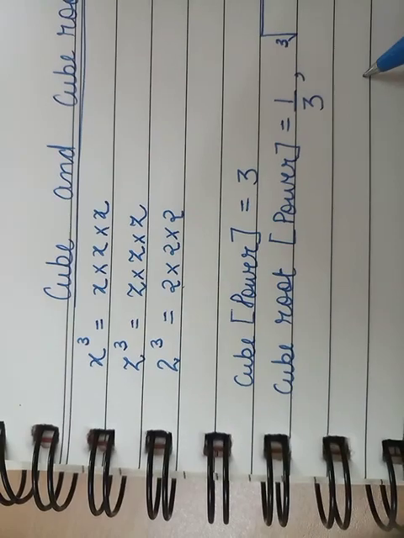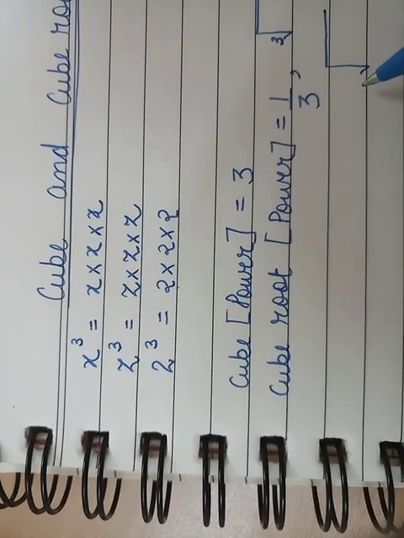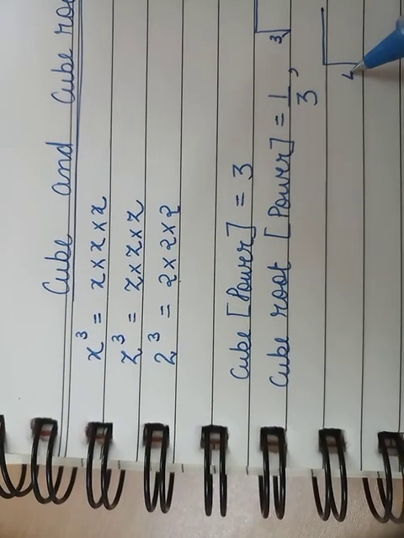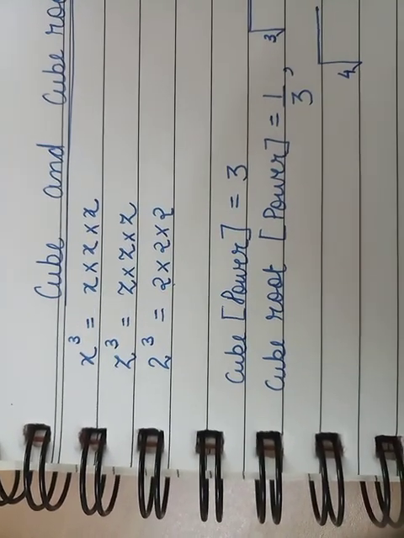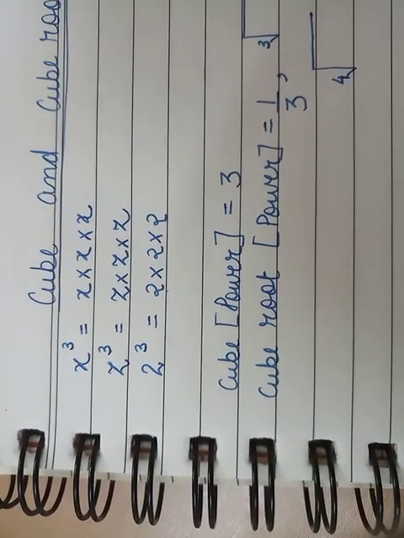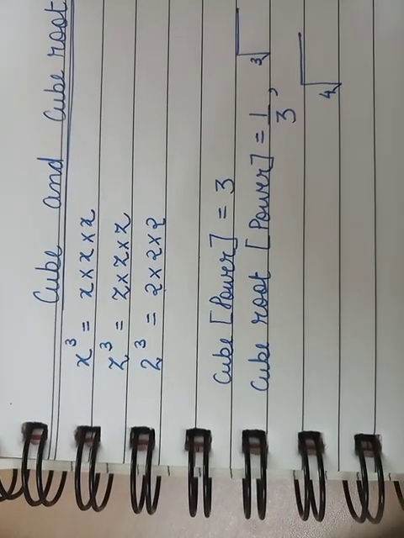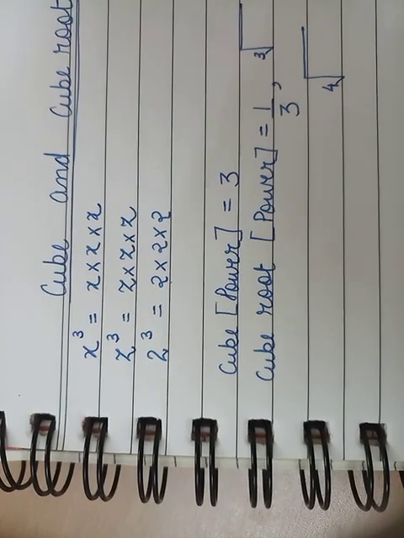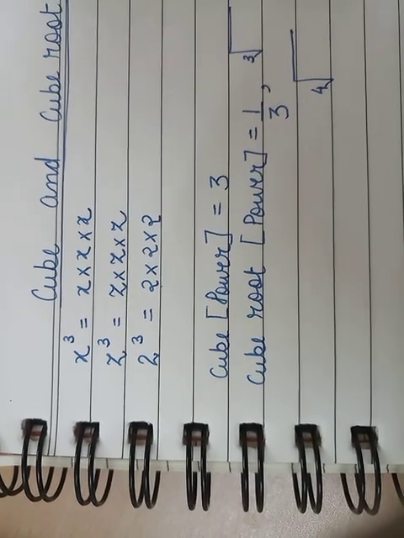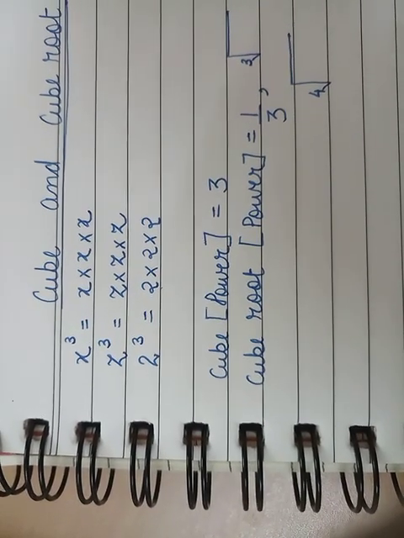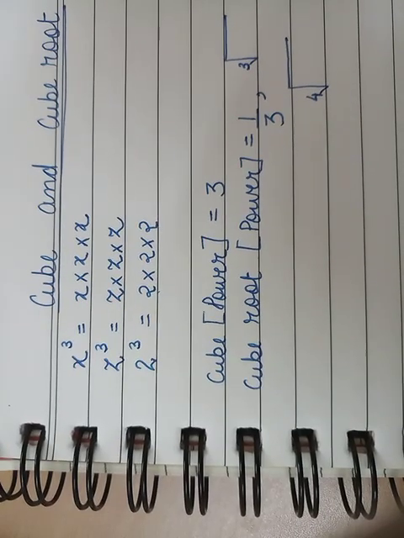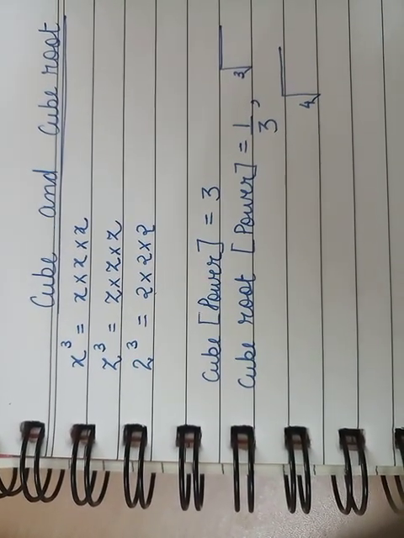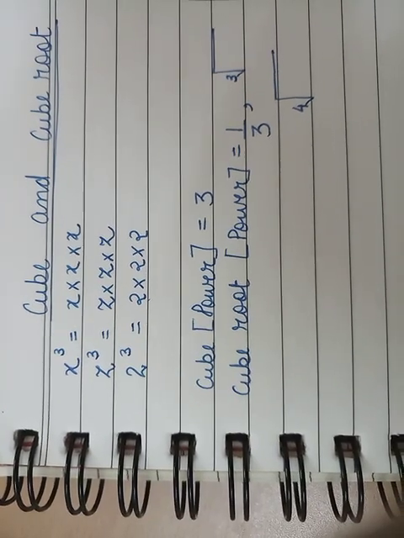If I say fourth root, I write the same root sign and 4 at this place. In cube root, we think of any such number which when multiplied by itself 3 times gives you the given number. You'll understand better when I explain the questions to you.